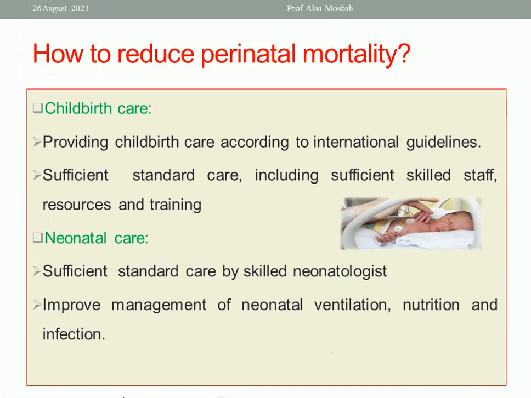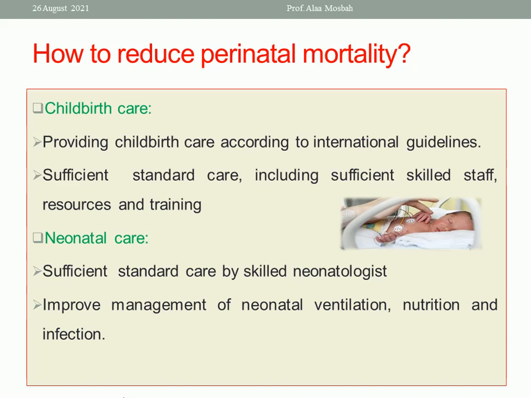During childbirth, we should provide childbirth care to women according to international guidelines, with sufficient standard care, including sufficient skilled staff, resources, and training, well-equipped hospitals, and tools like CTG and available ultrasonography. Use of the partogram is very important, especially in low-income countries.